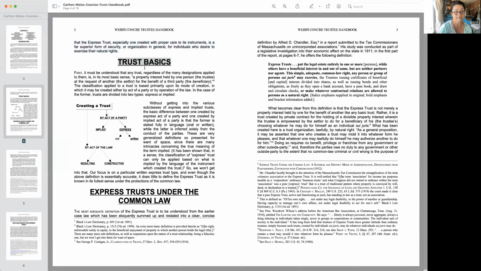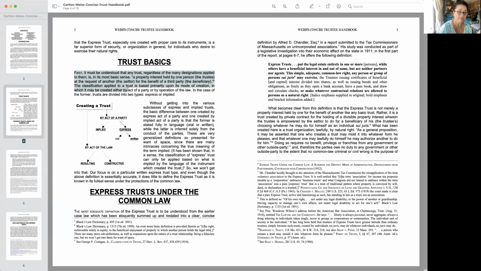Trust basics. Here we go, folks. First, it must be understood that any trust, regardless of the many designations applied to them, is in its most basic sense a property interest held by one person, the trustee, at the request of another, the settlor, for the benefit of a third party, the beneficiary.